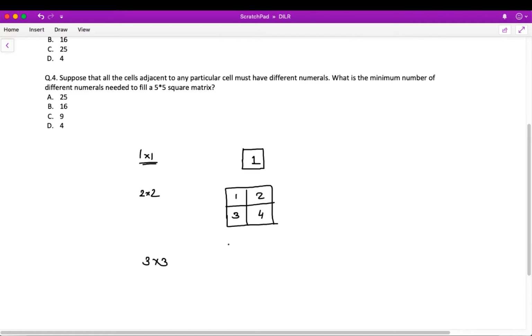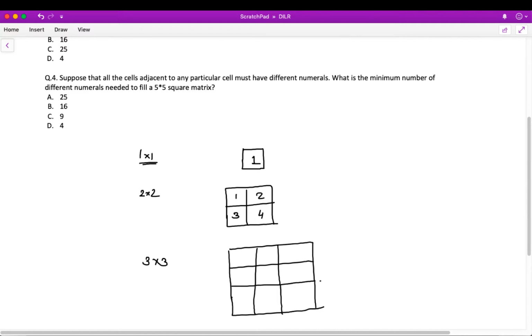Let's take it one step ahead, which is what the question is asking. So 3 cross 3. Let me draw this grid. We start the same way: 1, 2. Again, this can't be 2 and this can't be 1, so this has to be a third number. This can't be any one of these 3 numbers, so it has to be a fourth number.